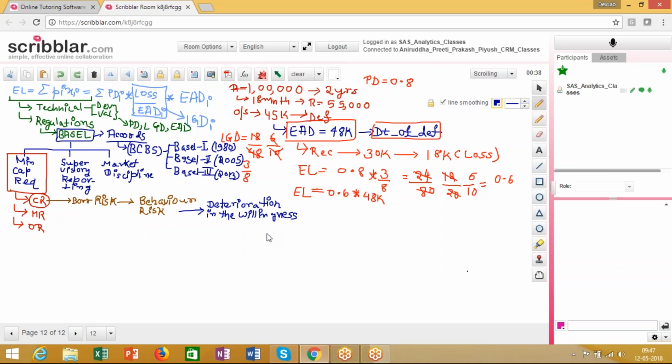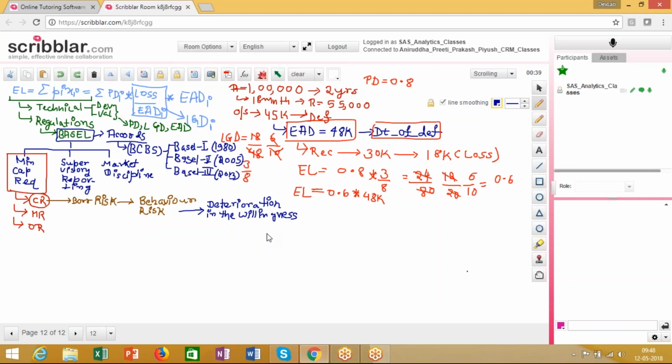Based on whether the borrower has undergone a credit deterioration, the objective of the bank is also to understand the losses it can possibly make as a part of that deterioration in behavior. And this is where the role of LGD and EAD models come in.